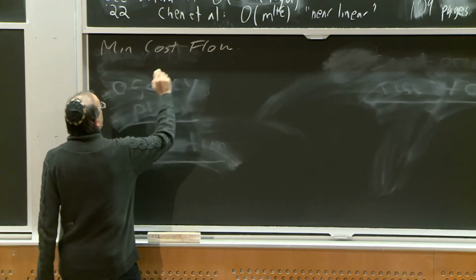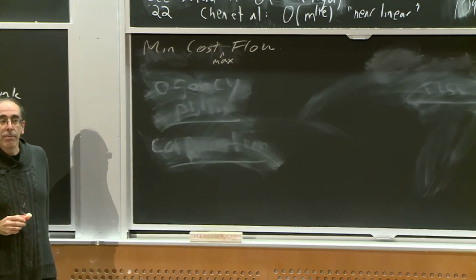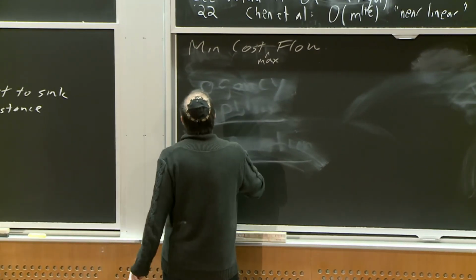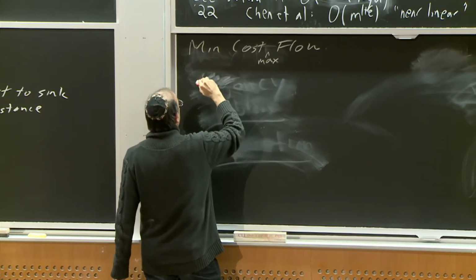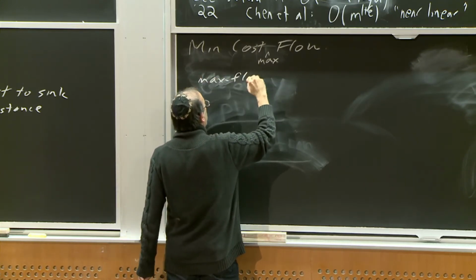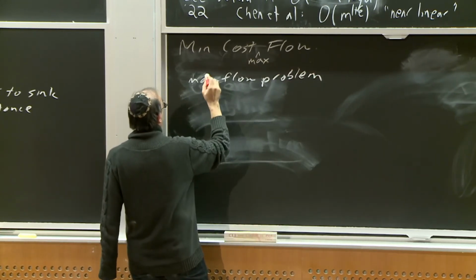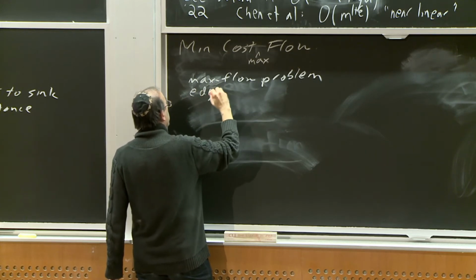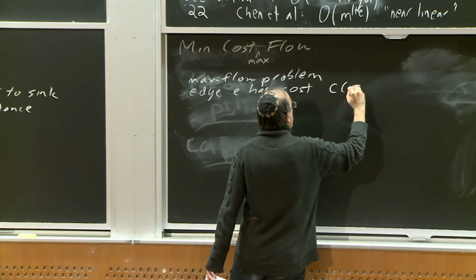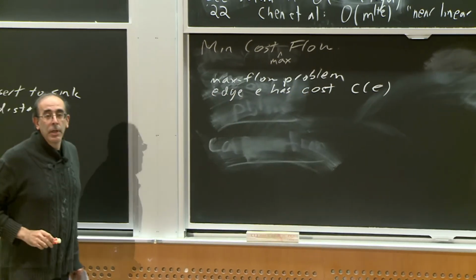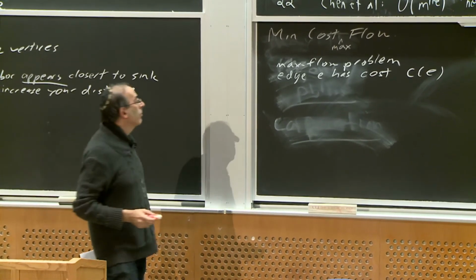So min-cost flow, and it's actually implicit that it's a min-cost max flow. So the idea here is that you have a flow problem, a max flow problem. But you also have, for every edge E, it has a cost C of E. And so this is why we couldn't use C for capacities, so that we needed it for costs.